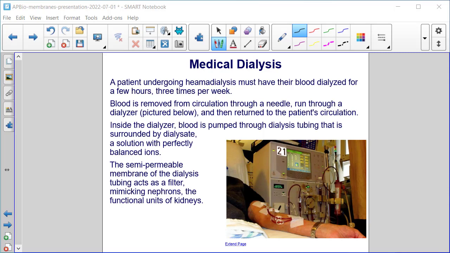Blood is removed from circulation through a needle, run through a dialyzer, pictured, and then returned to the patient's circulation. Inside the dialyzer, blood is pumped through dialysis tubing that is surrounded by dialysate, a solution with perfectly balanced ions. The semipermeable membrane of the dialysis tubing acts as a filter, mimicking nephrons, the functional units of kidneys.